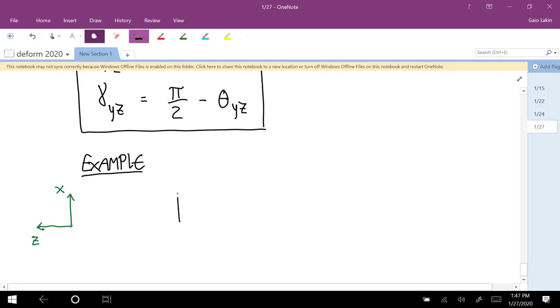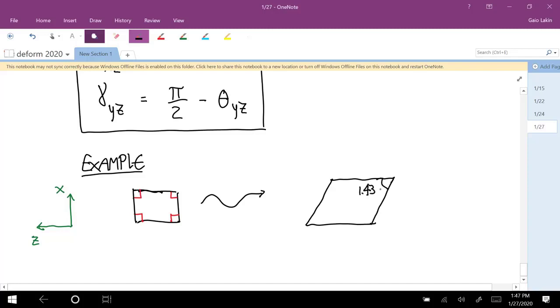And we go from a rectangular initial shape where all these angles are right angles to a deformed shape where we have something like this, and this angle is 1.43 radians.